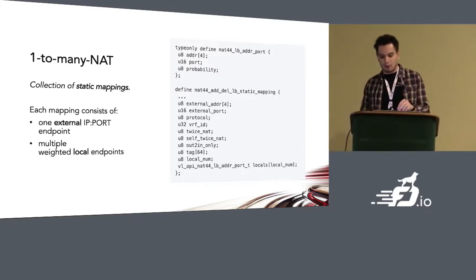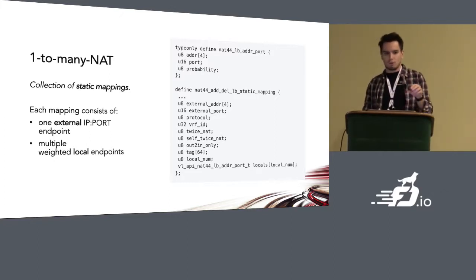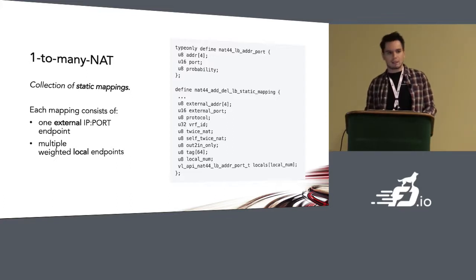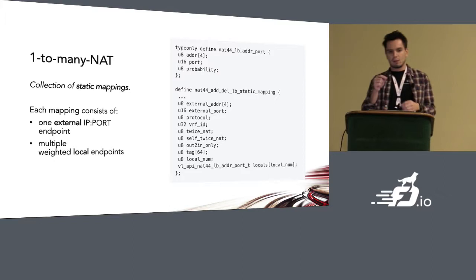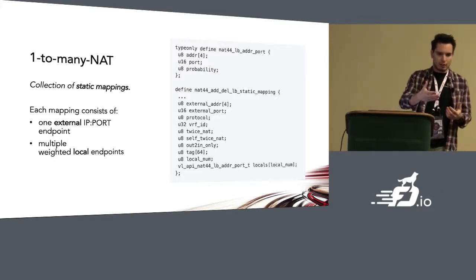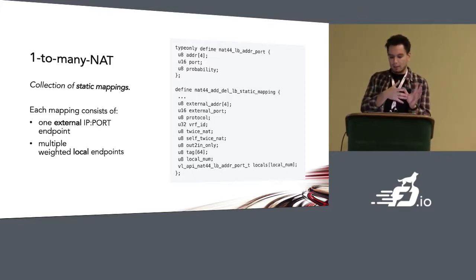NATing in the Contiv and Kubernetes environment, we had to add a special feature for Contiv, which is the self-twice NAT. That happened because we had the case where endpoints that were behind the service wanted to reach the same service, right? So they were trying to hit the same endpoint as the request that they originated from. So you would get the same destination address.